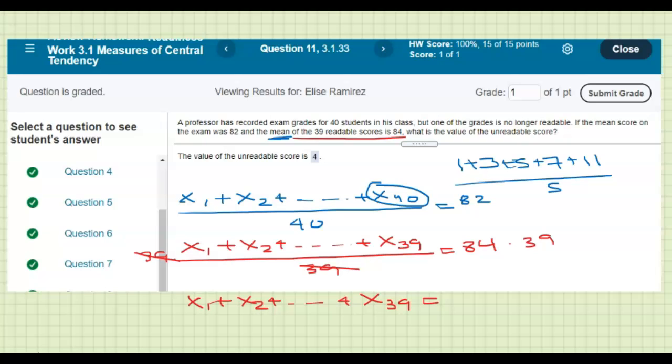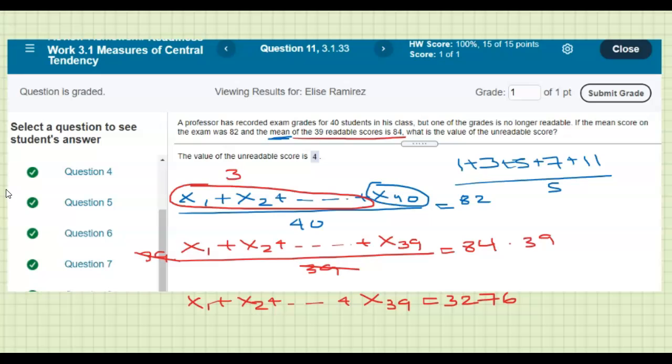So 84 times 39, that's 3,276. This is helpful because I got the sum. If I add up the first 39 test scores, I get 3,276.